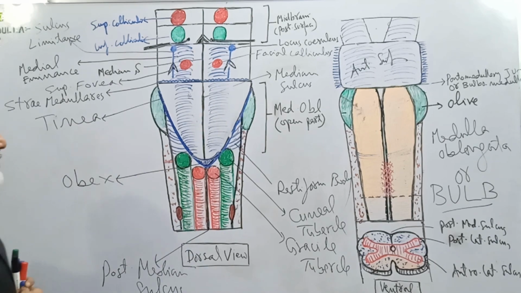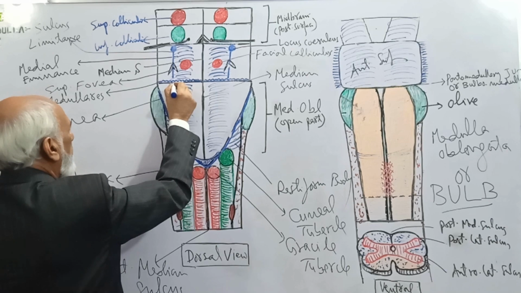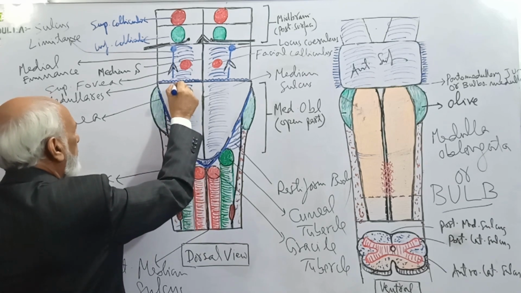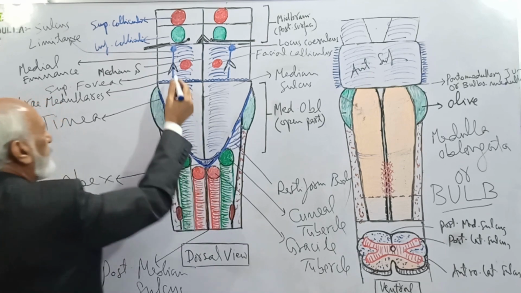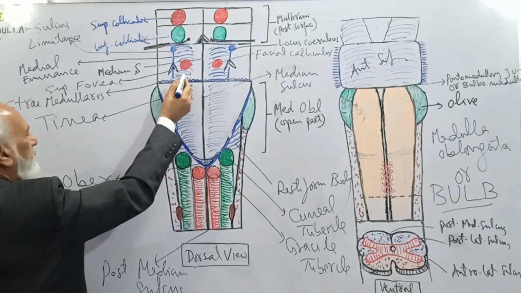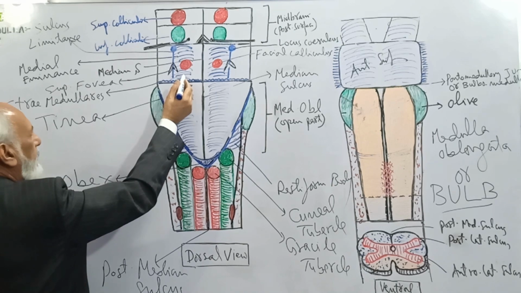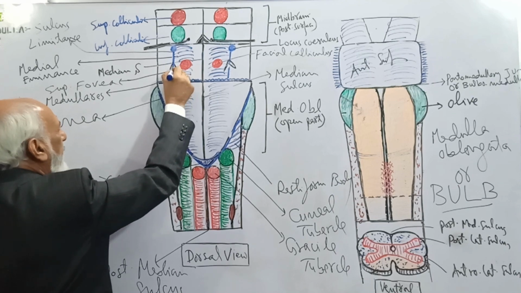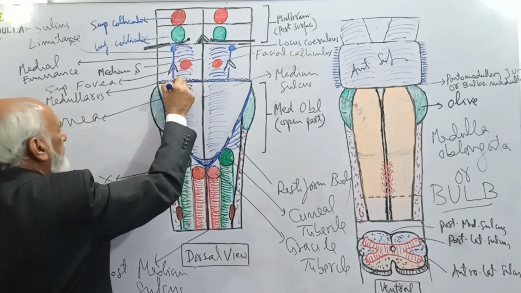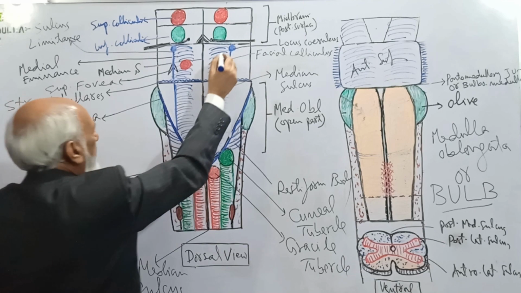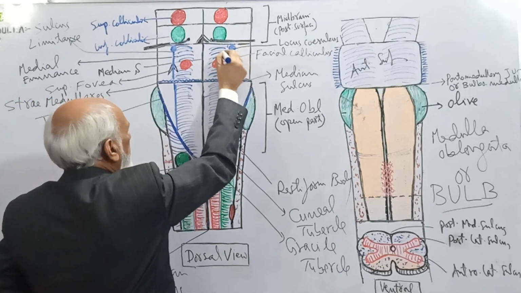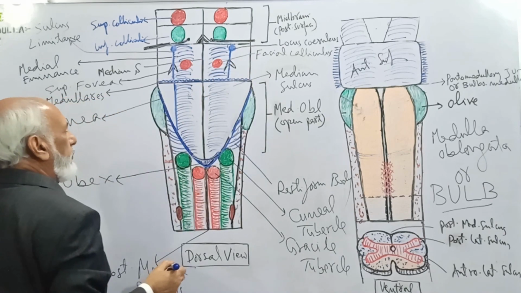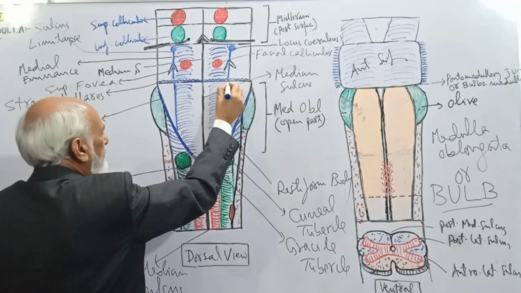Now each median eminence, laterally, I told you, is limited by a sulcus known as the sulcus limitans. This is the median eminence on the posterior surface of the pons, and laterally it is limited by the sulcus limitans. Here again, on this side, this is the medial eminence of the pons, limited by the sulcus limitans.